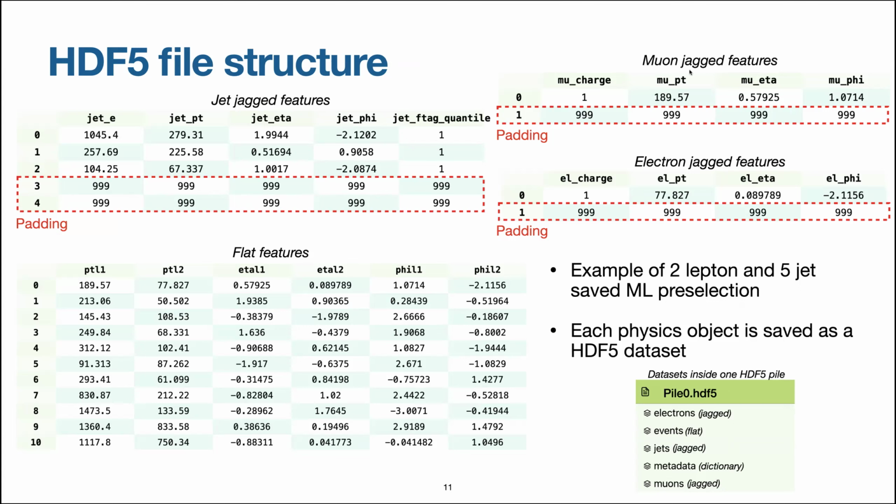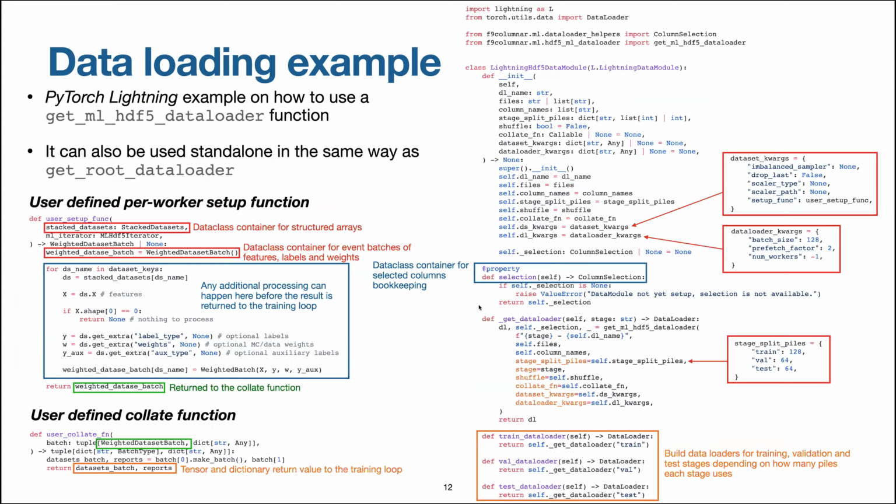And then again, same for muons and electrons, where I only allow 2 electrons or muons in the event. And if this is not true, it gets padded out. And then each of these data sets comes in each of these HDF5 files. And then the flat features come basically as a matrix, as is shown here. Okay, so this is how the file structure looks like.